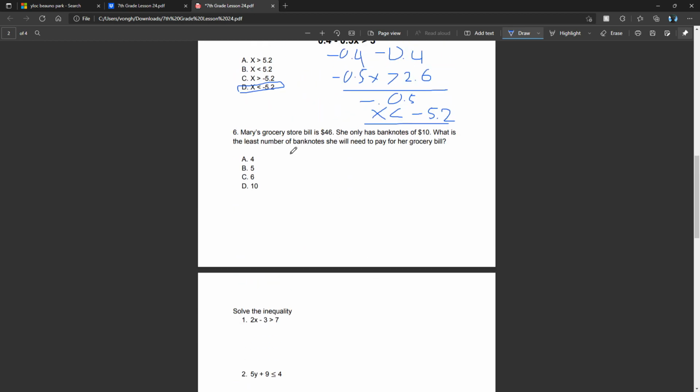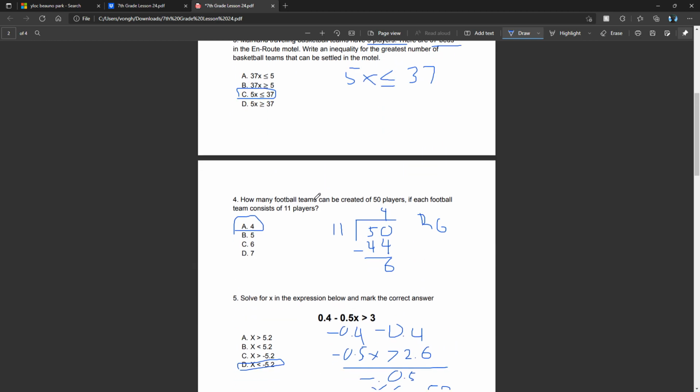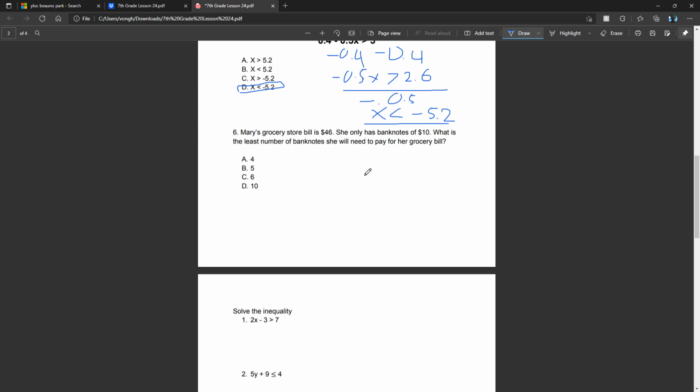So for 6, Mary's grocery bill is $46. She only has banknotes of $10. What is the least amount of banknotes she will need to pay for her groceries? This is the same problem as number 4. So she has $46, and she only has banknotes of $10.